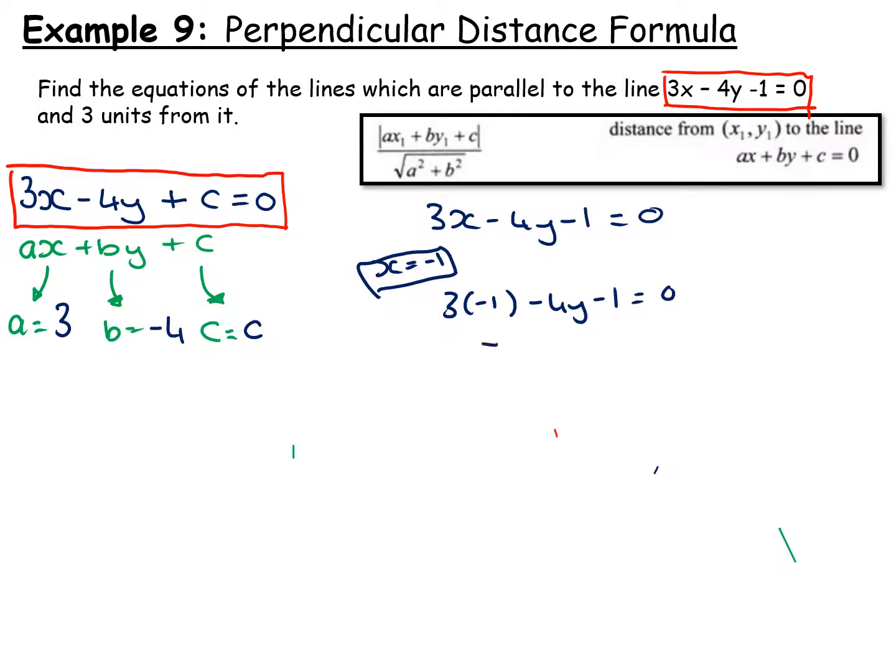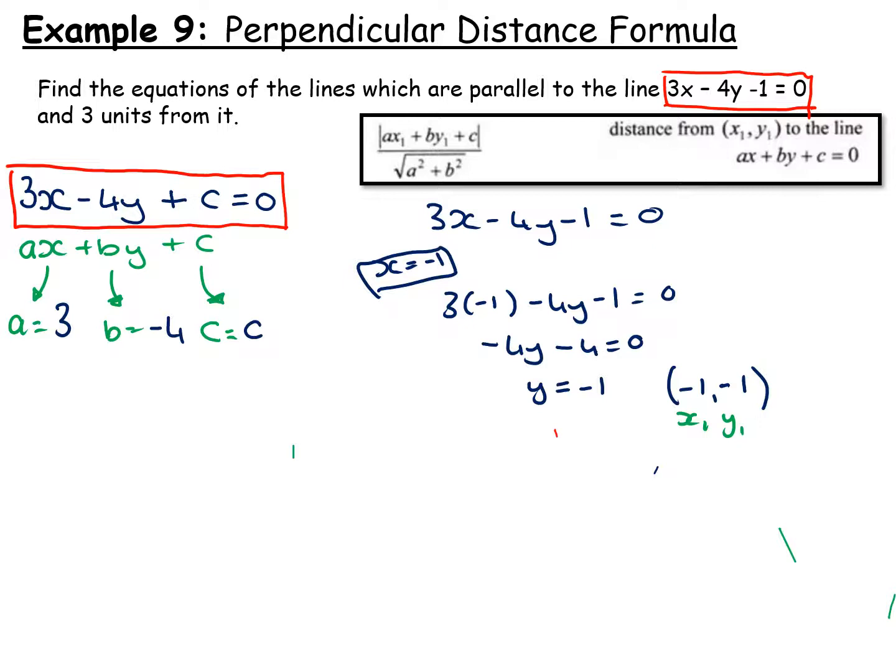That gives me minus 4y minus 3 minus 1 equals 0, so y equals minus 1. So my point is minus 1, minus 1. Apologies. So that becomes my x1, y1, and I sub into the formula.